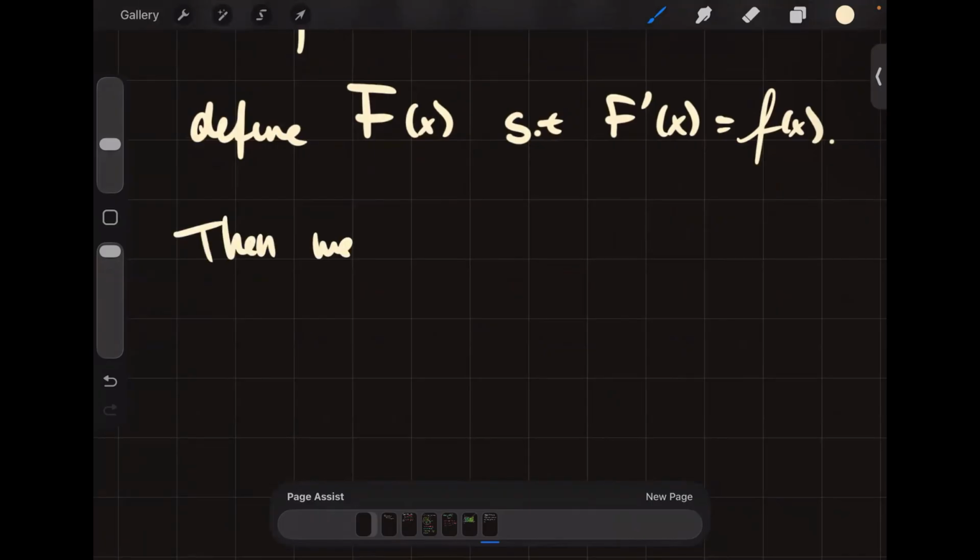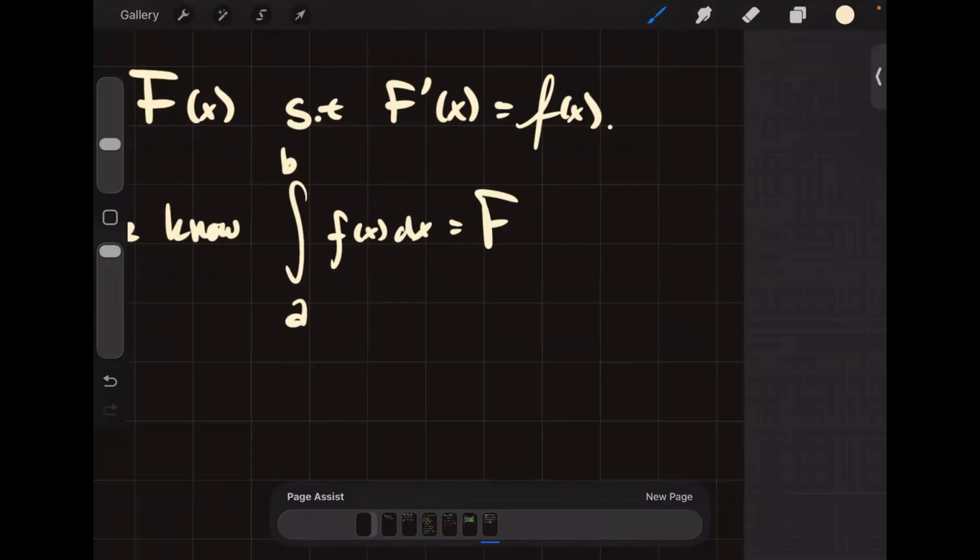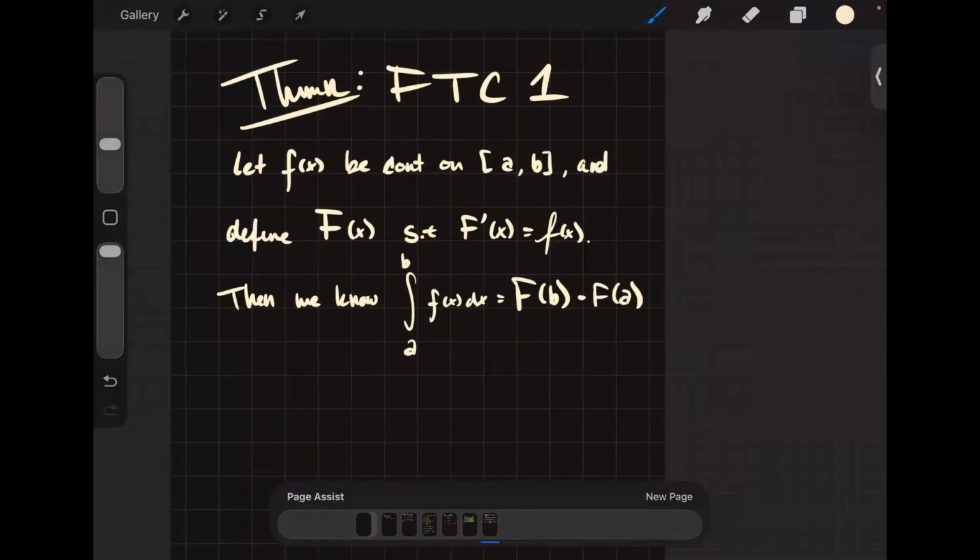Then we know the integral from a to b of little f of x dx is equal to big F of b minus big F of a. Okay? That's it. That's the fundamental theorem of calculus part 1, right?